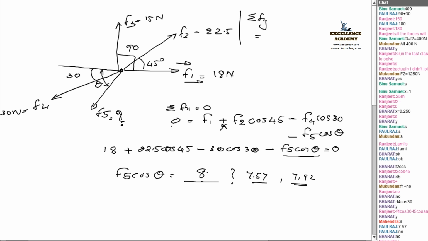No need of taking F1 there. So you have to take F2 sin 45 plus F3, isn't it? Both are in the same direction. Then what about the remaining? Minus F4 sin 30 minus F5 sin theta. Am I right?